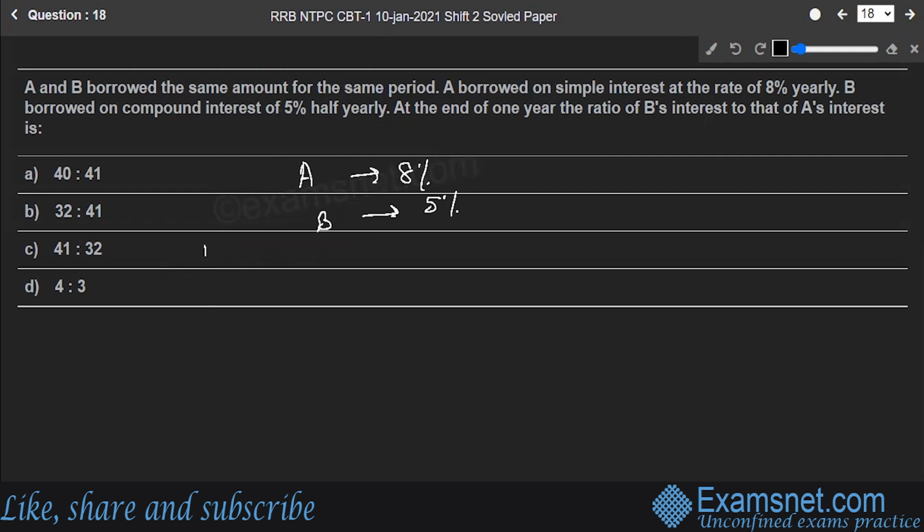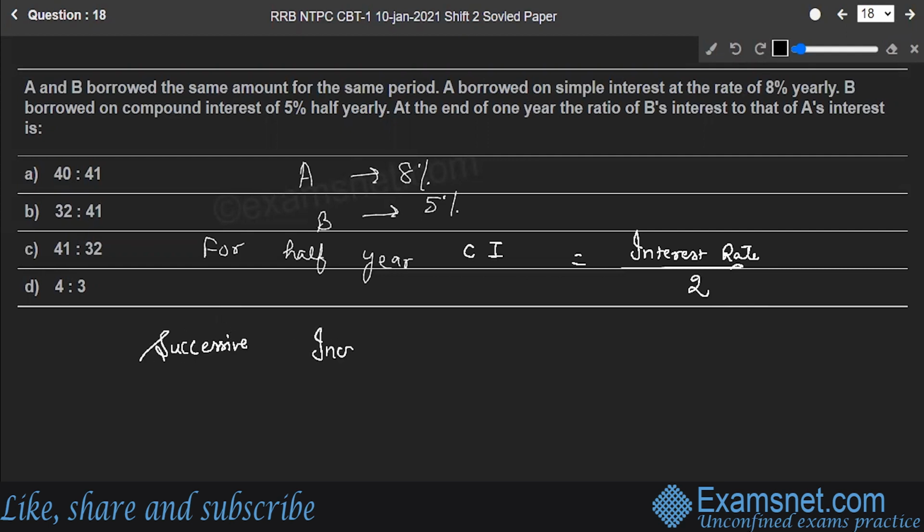For half year, compound interest rate is divided by 2. If we talk about this successive increase concept, this is given by A plus B plus AB upon 100. Okay.